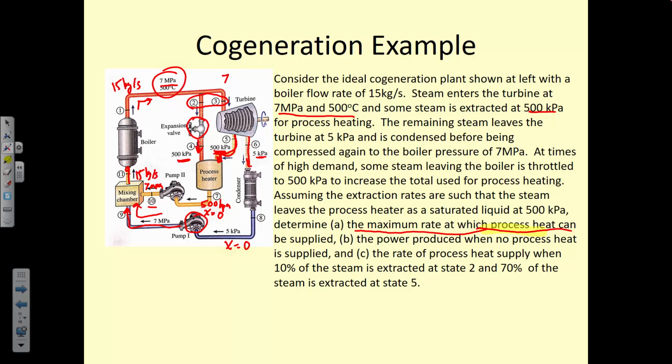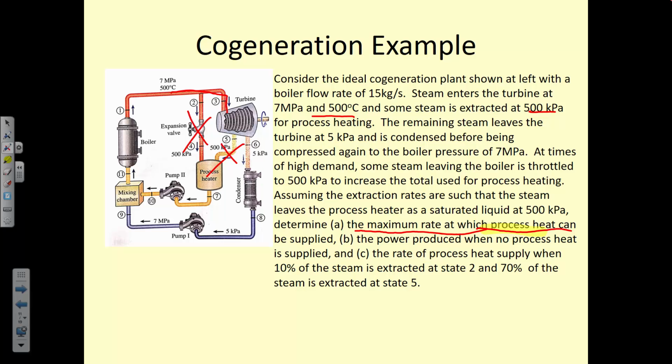We can divert it through the turbine, divert it through the process heater, some combination of the two. When will it be a max? Yeah, so when it's all the way open, your expansion valve is completely open, and everything is going here. Okay, so your turbine section is gone. That's part A. Part B, the power produced when no process heat is supplied. So B is sort of the opposite. This valve is closed, which means everything goes through the turbine.